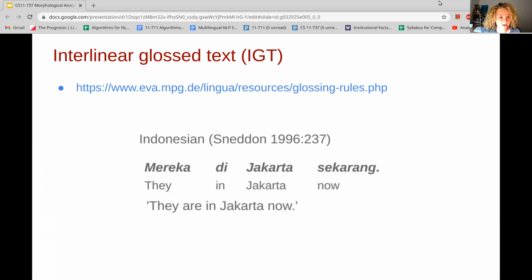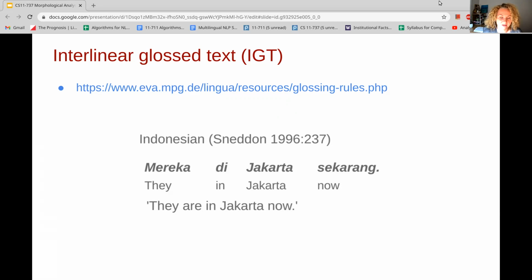So you can see that there are 3 lines. The top line corresponds to the original source language or object language, which is in our case Indonesian. The third line is a translation of the first line into a meta language, which in linguistic papers is typically English, a lingua franca. The second line is the gloss, and it is between the first and the third one.